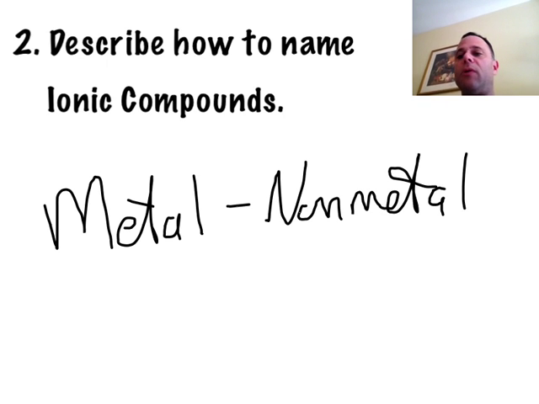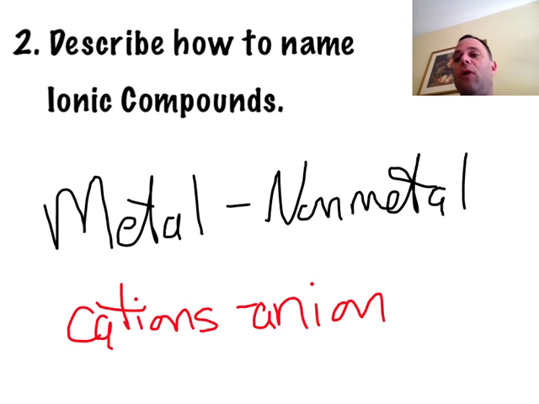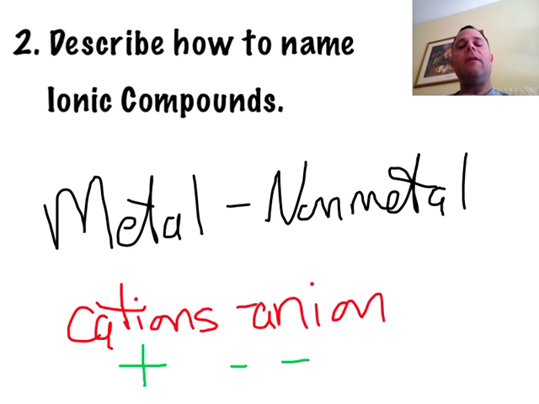And this happens because the metal tends to form what we call, grab a pen, a cation, and the non-metal becomes an anion, which furthermore means that the cation, the metal, will become a positively charged ion, while the non-metal will become a negatively charged ion. Now this system in a way is simpler, but in other ways it's a little bit more complex. So let's dive in.